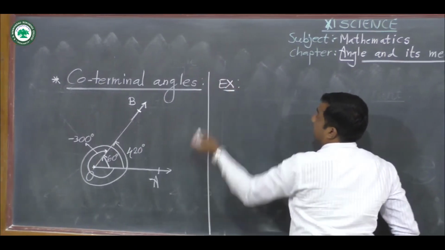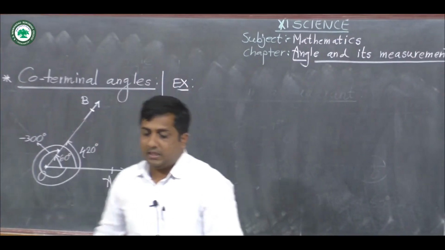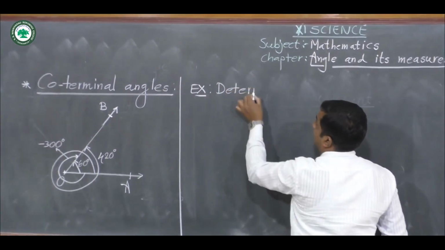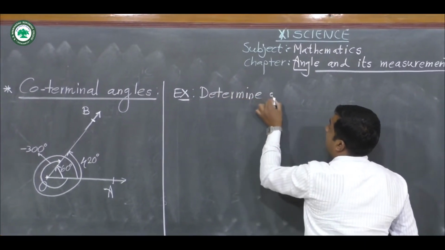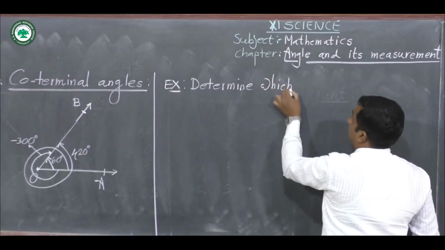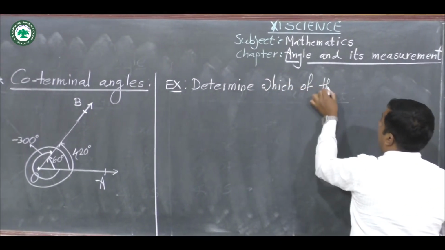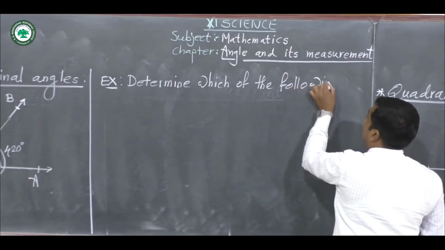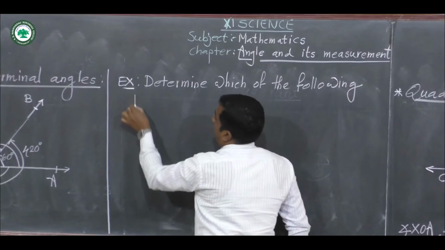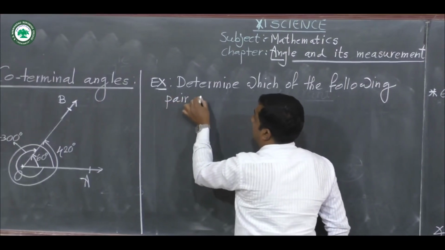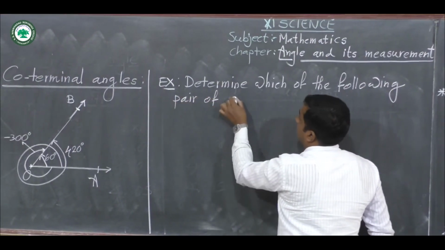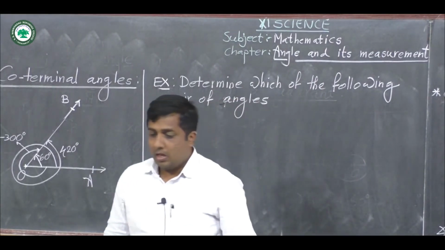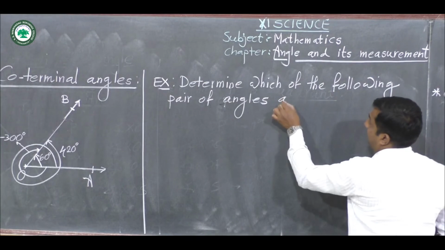Example: determine which of the following pairs of angles are coterminal.